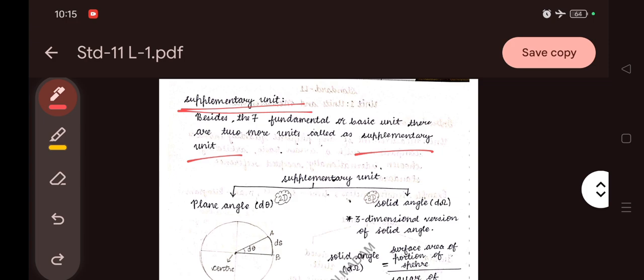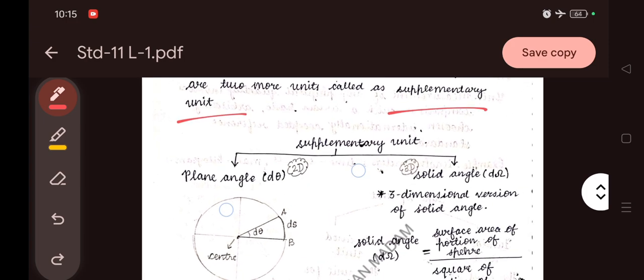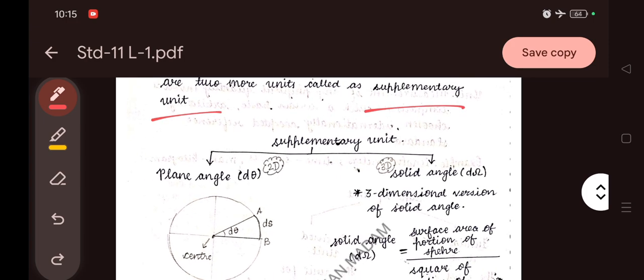Now what are these 2 supplementary units? If you are considering a 2D structure, like in the XY plane, here we have plane angle. Now consider a cake which you are cutting in a cone shape. If you are looking perpendicular to this cake, you are able to see a circle which is cut down in a triangle.